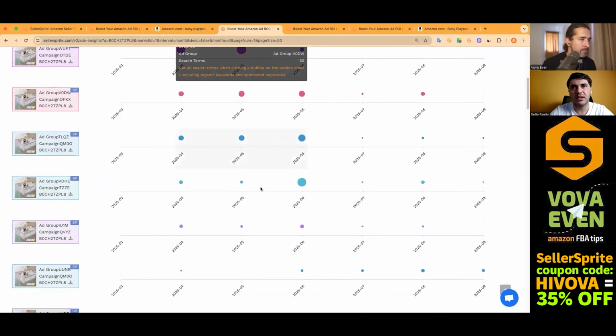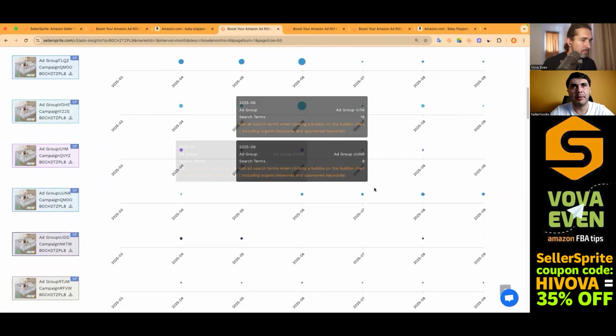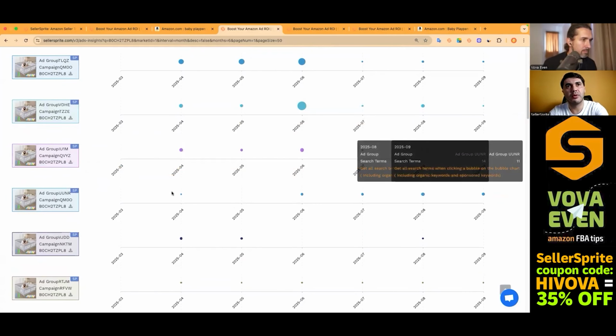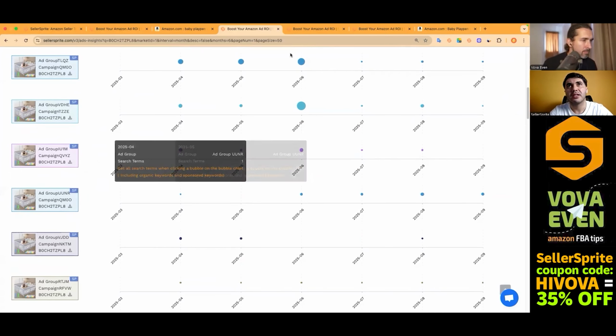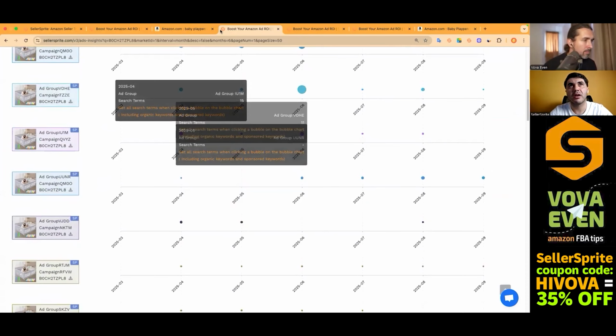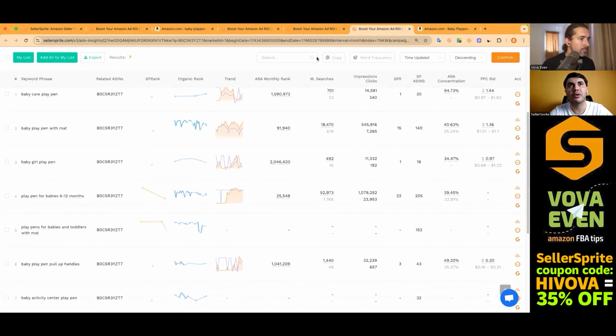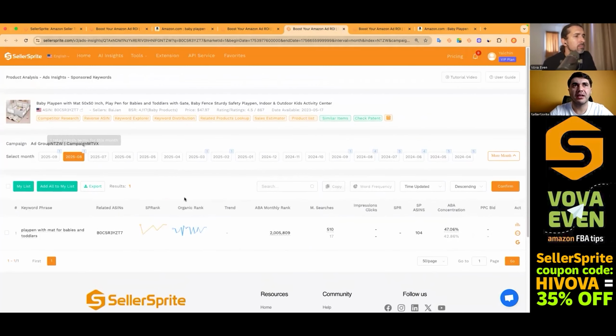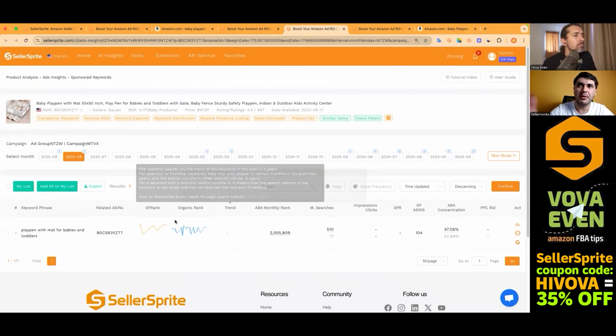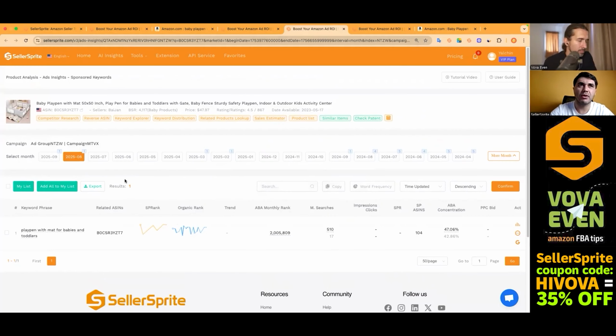For example, this guy running this campaign, maybe you can go back, just pulling to the left side, you can see their PPC history. They did PPC campaigns last year, the previous year, and different years. So it means you might not need to run the PPC exactly to figure out what keywords are working and what's not working. You can go back and analyze your competitors.